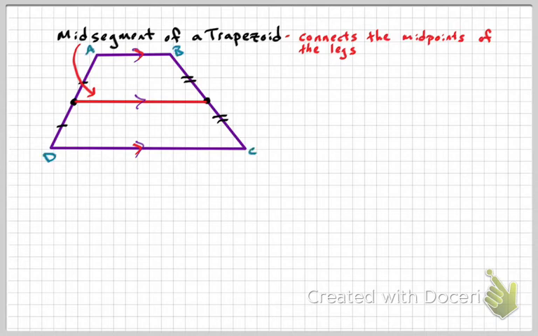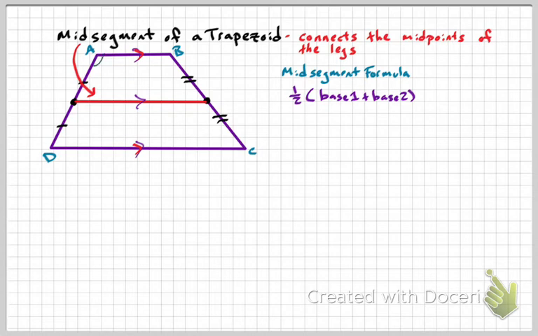Okay? So what's important about this is that the mid-segment length is half the sum of base 1 and base 2, or pretty much it's the average length of the two bases. Okay? The other thing to point out that's really important is we now have corresponding angles.